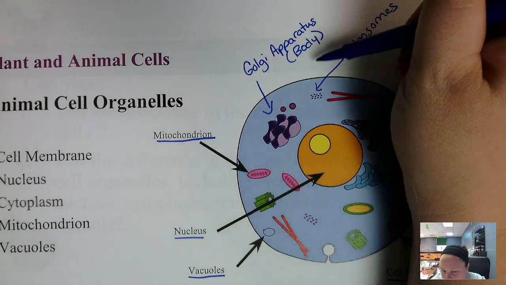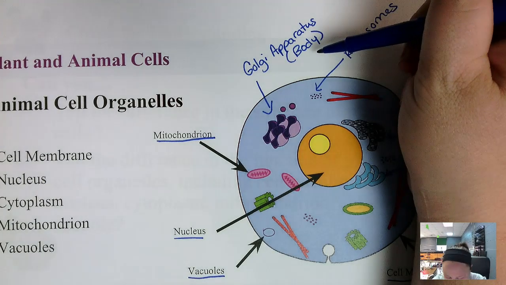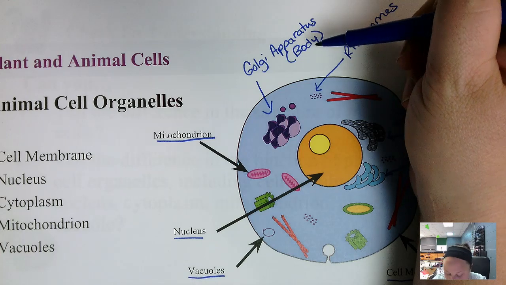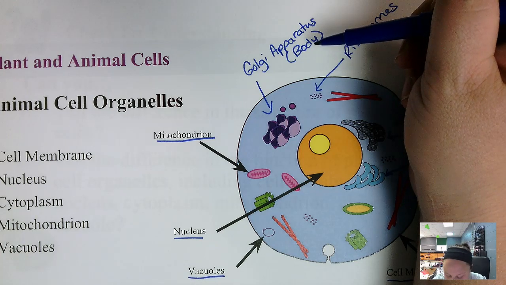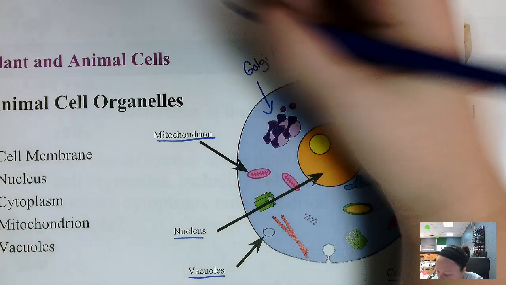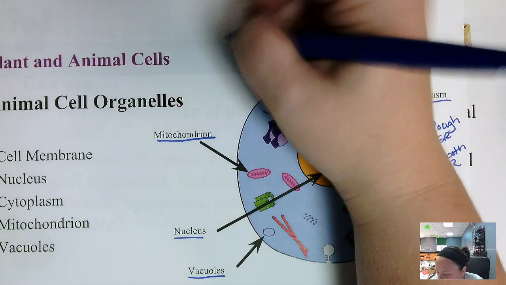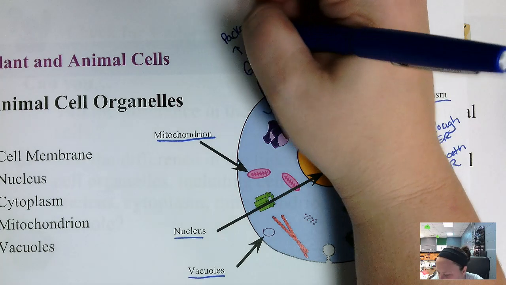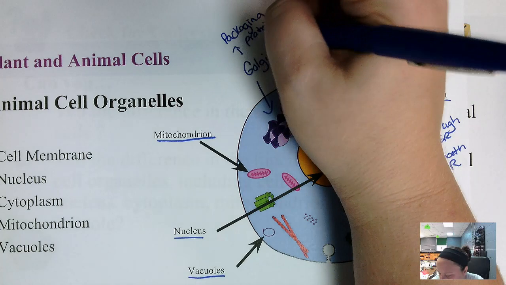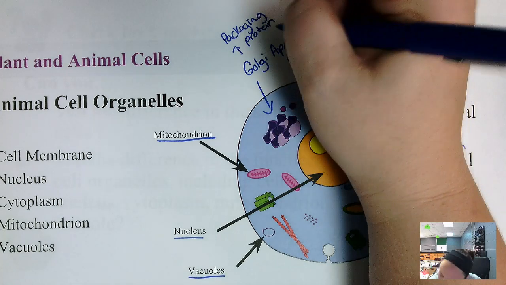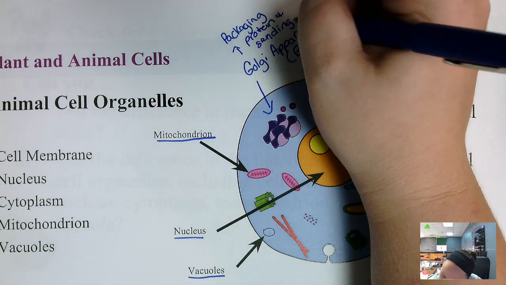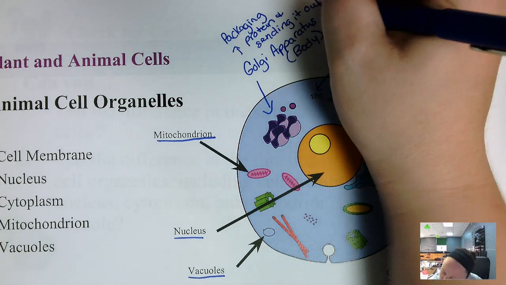So we're going to start with the Golgi apparatus. It is responsible for packaging proteins and sending them out. So if you want to take note, packaging protein and sending it out.